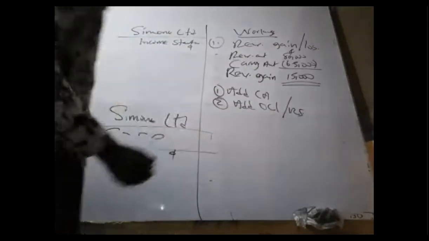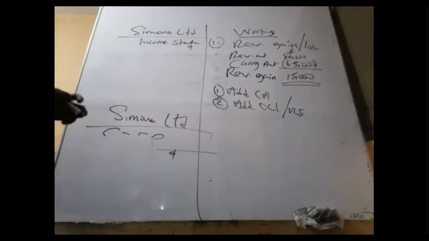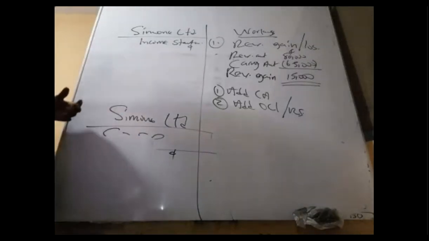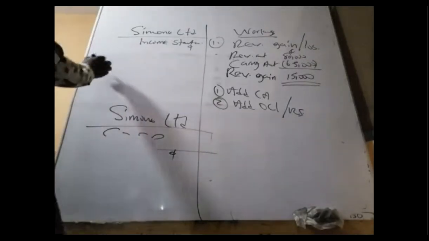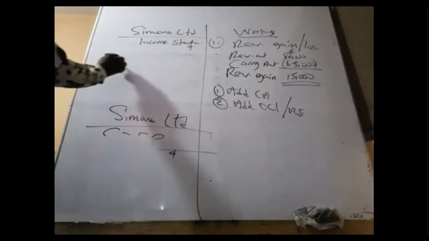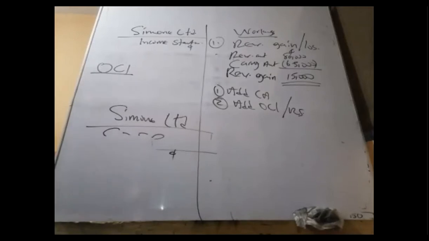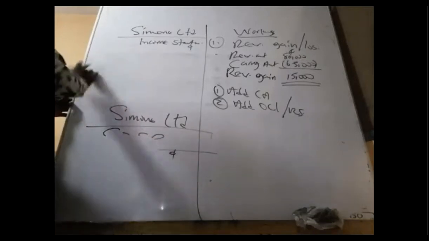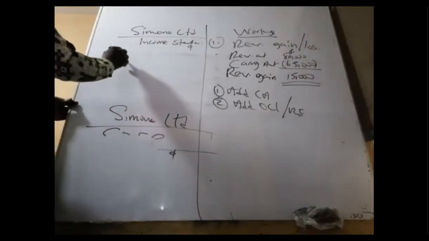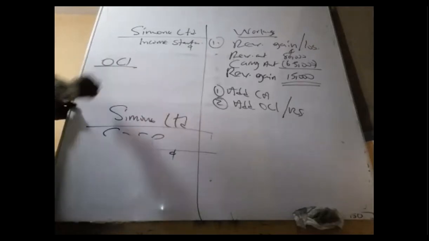Revaluation surplus. So let's go to our OCI and put it in. Have you seen the OCI? I hope you are getting it right. Let me put the OCI here, underline it.